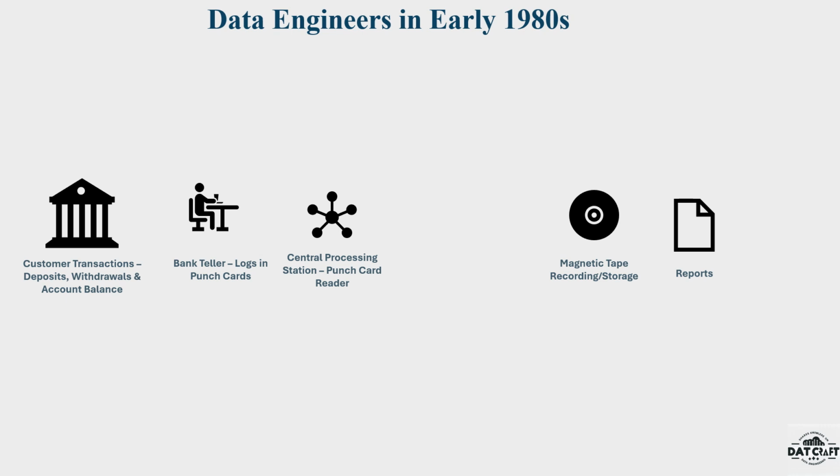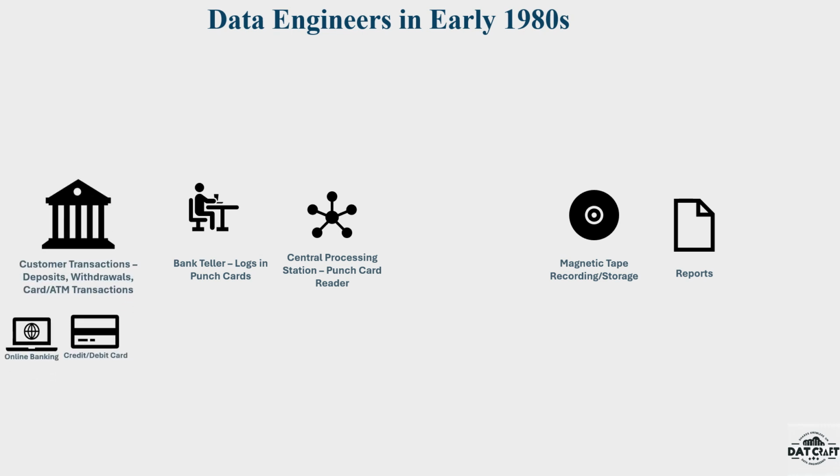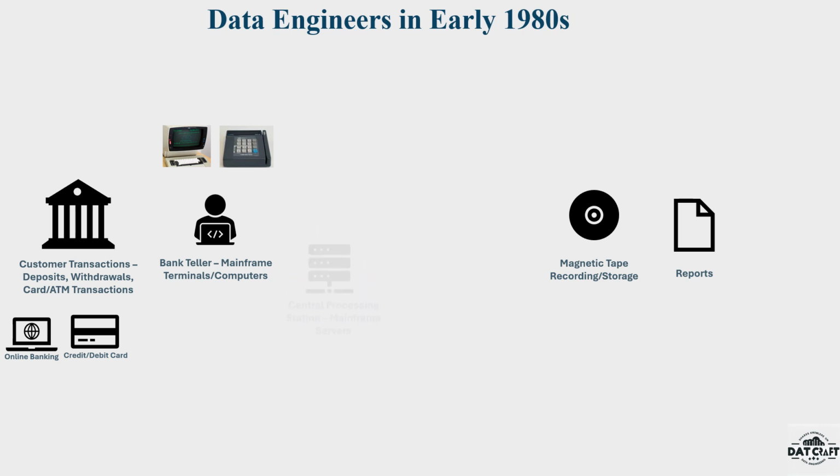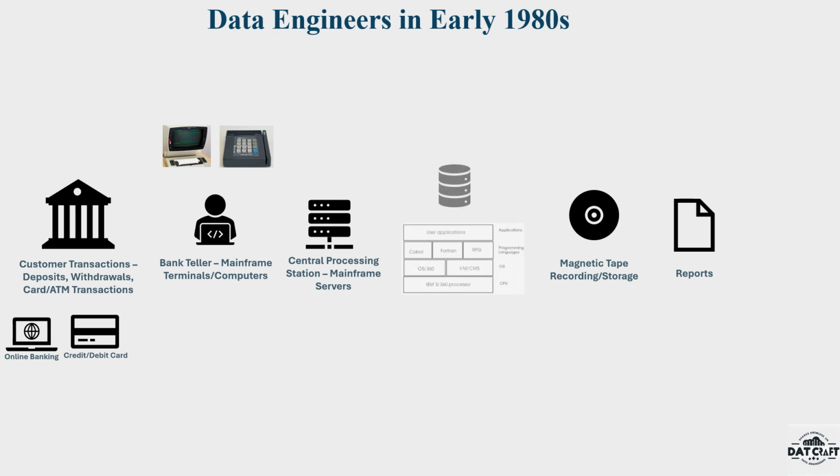For example, a bank began to expand its customer service by offering online banking, credit and debit cards, and bank tellers began to use mainframe terminals instead of punch cards for data entry. Later, by running mainframe servers, each of these transactions was centrally automated. These were the first generation computers having an operating system.